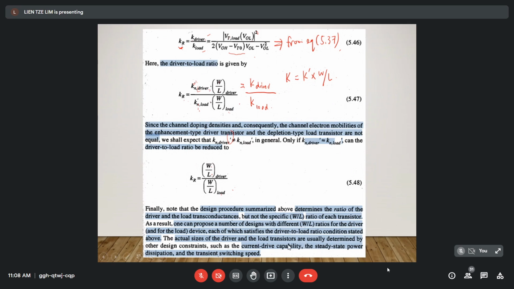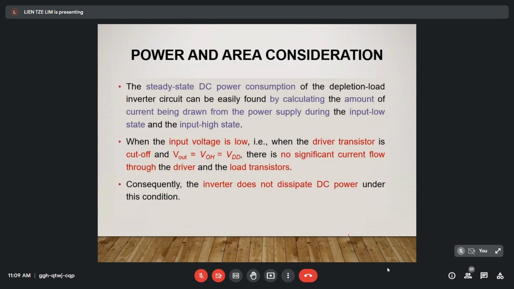So this is another constraint that will determine the size of the driver and the load transistors. So this is about the design of this depletion load NMOS inverter.